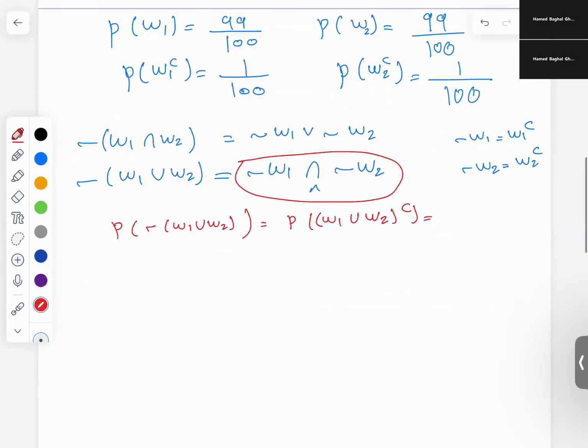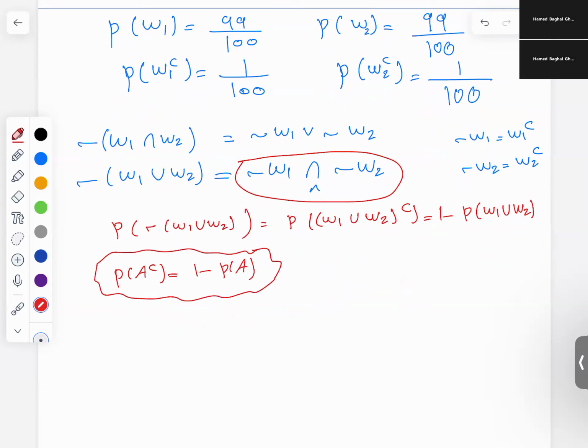This is equal to 1 minus probability of W1 union W2. Do you understand this one? Probability of A complement is 1 minus probability of A. Now, by the inclusion-exclusion principle, W1 plus W2 minus W1 intersection W2.